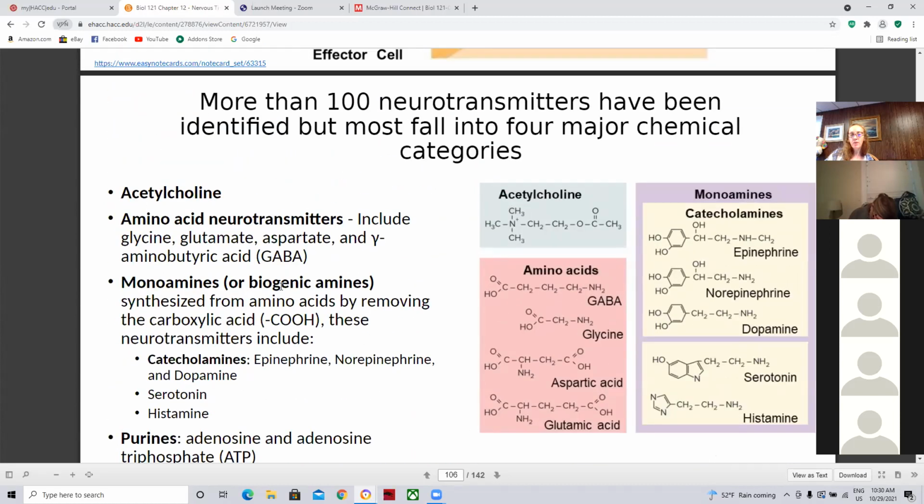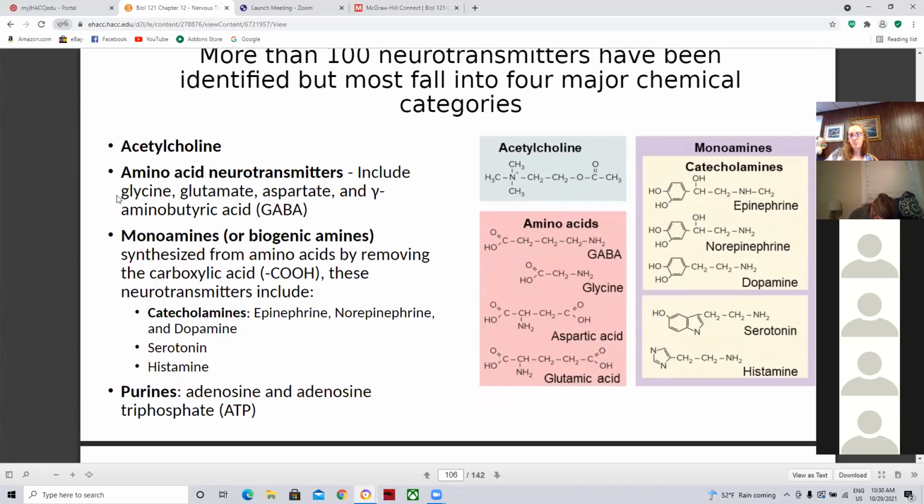More than anything, remember the different classes. Acetylcholine, you don't have to remember all of these. You're going to get familiar with some of the names, but know the major classes. Acetylcholine is pretty famous, so know that one.